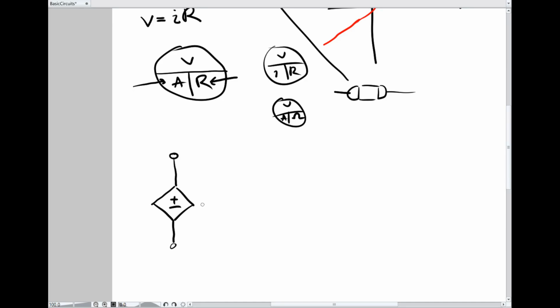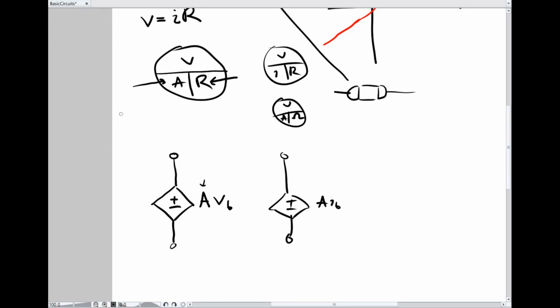So I can say that the voltage across this is some gain, so it's always called a gain, times a voltage somewhere else in the circuit. And I can also draw a voltage that depends on a current somewhere else in the circuit, or a current that depends on a voltage somewhere else in the circuit, or a current that depends on a current somewhere else in the circuit.